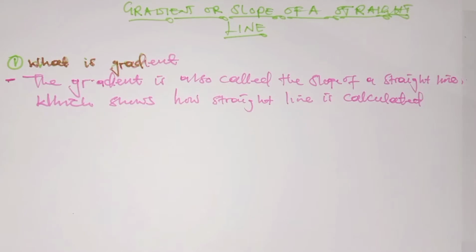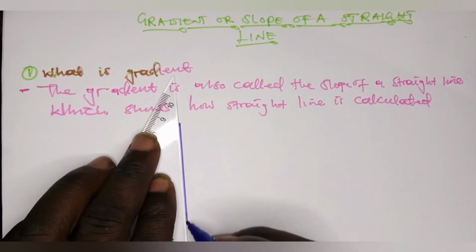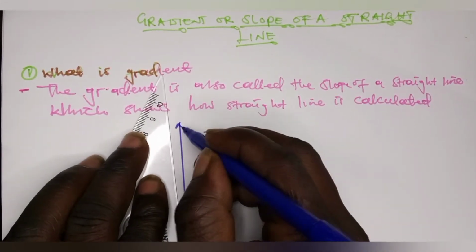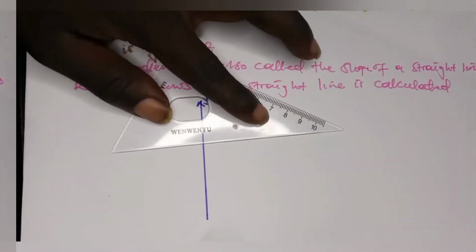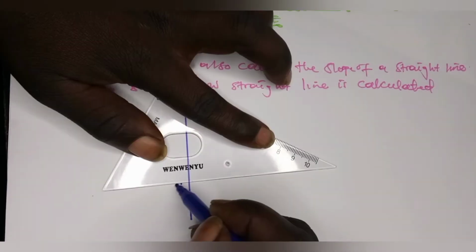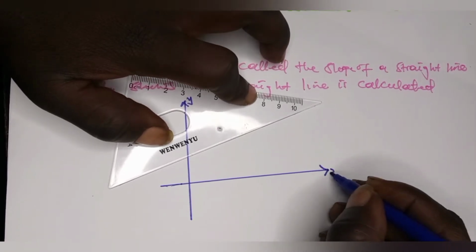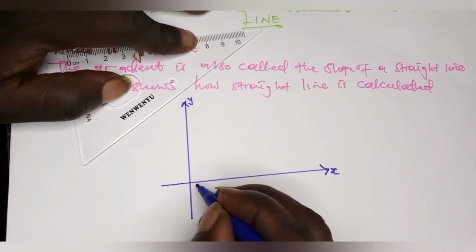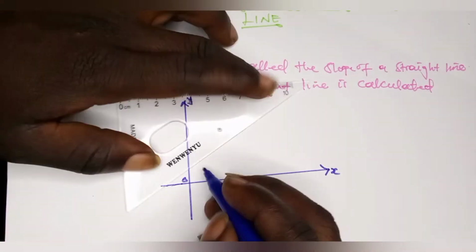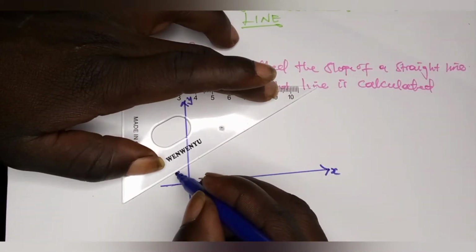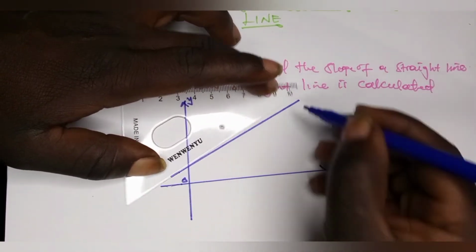So now let's try to draw a vertical line which shows the y-axis, and draw the horizontal one which represents the x-axis, and we indicate the 0. And let's draw another line which is cutting the y-axis.